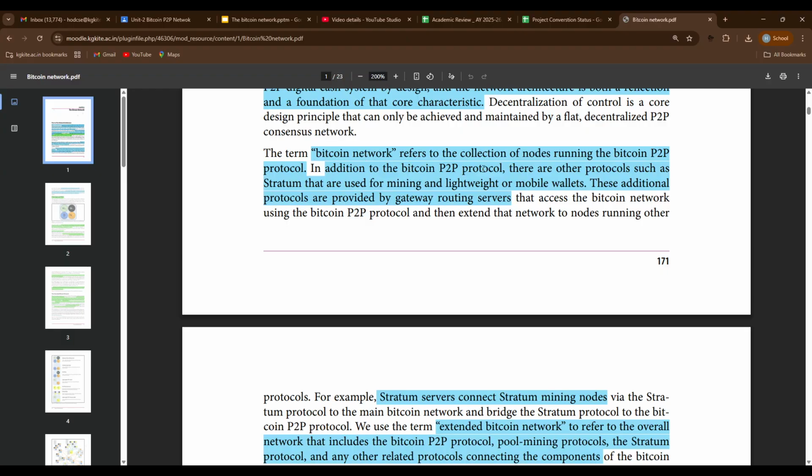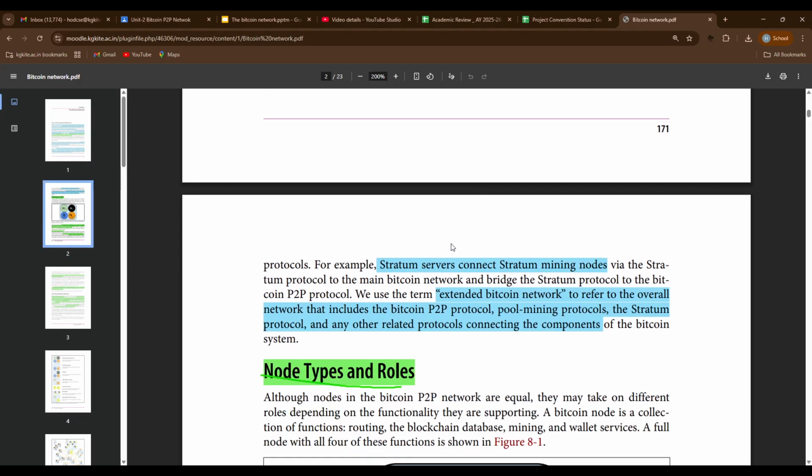Apart from this basic Bitcoin P2P protocol, there are other protocols like the Stratum protocol. This Stratum protocol is used for mining and lightweight or mobile wallets. Okay, we can install MetaMask on our mobile. So this protocol is a lightweight protocol. And these additional protocols are provided by gateway routing servers that are accessing the Bitcoin network. Fine.